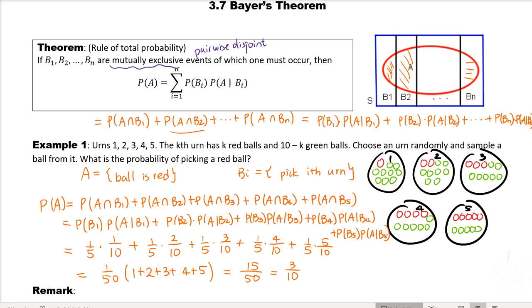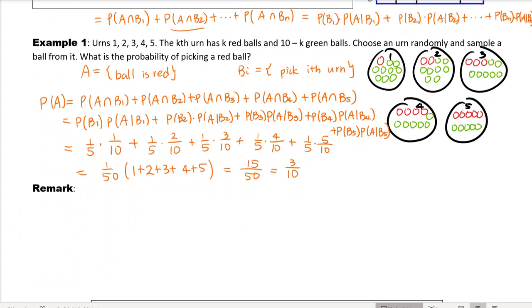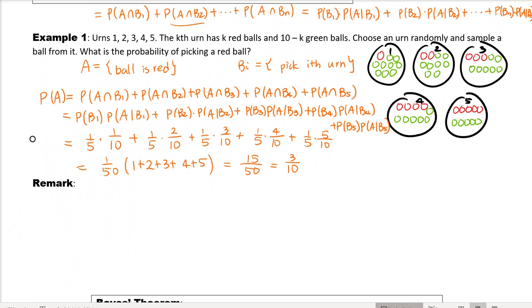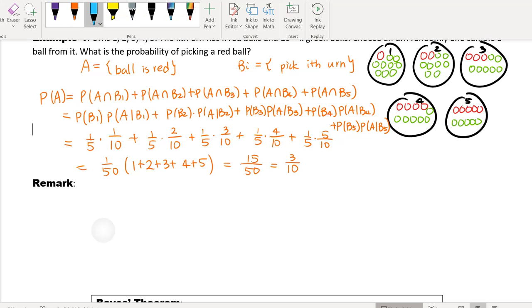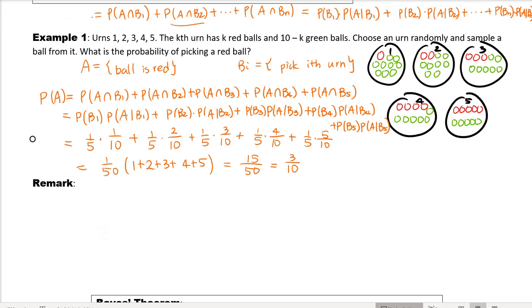Alright, remark. Okay, so notice that 15/50 is actually the number of red balls over the number of all the balls.